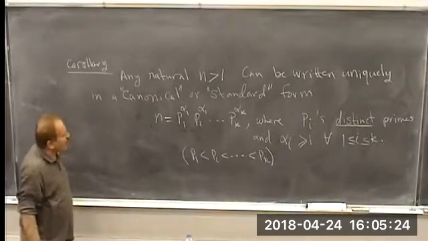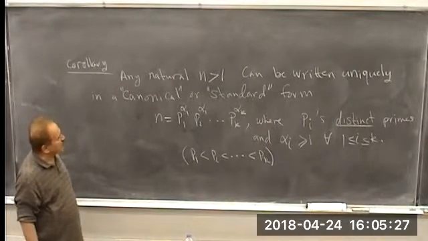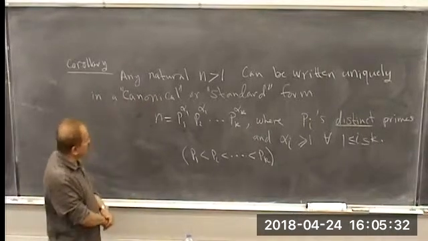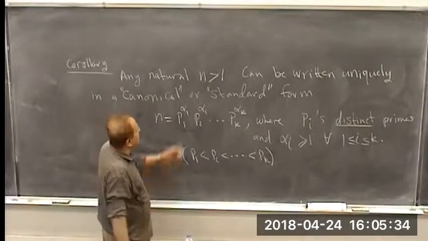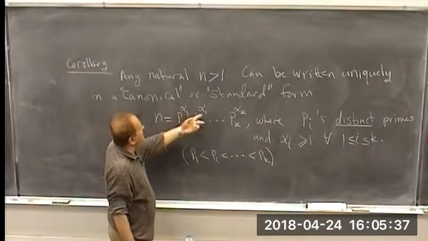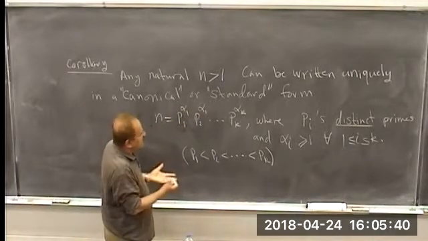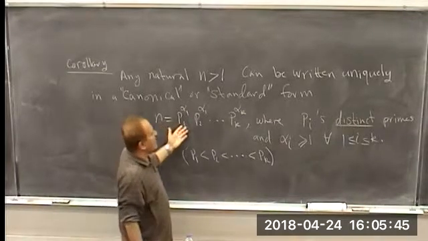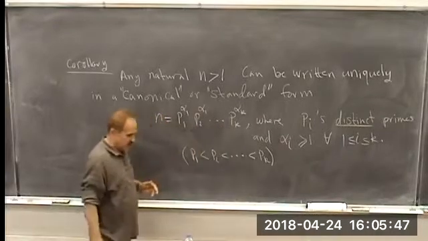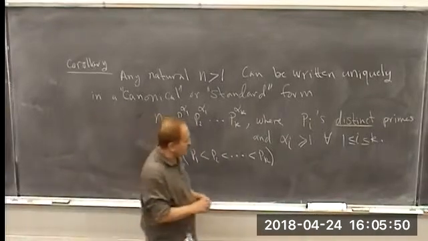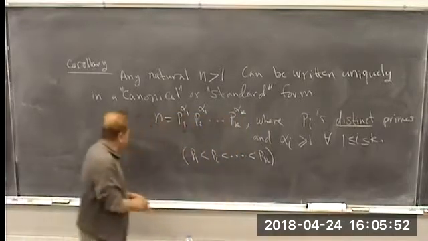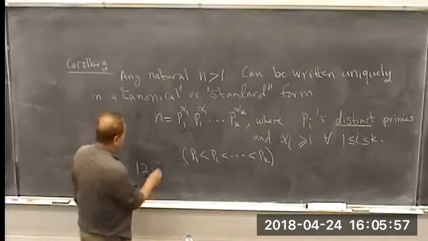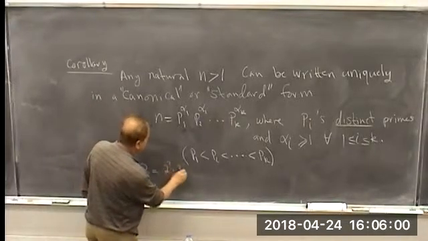Now, sometimes when we want to write a canonical or standard representation of a natural number, we might allow some of the alphas to equal 0 in cases where it's not going to affect anything, so that the same primes appear in two numbers. For example, the number 12 has prime factorization 2 squared times 3.